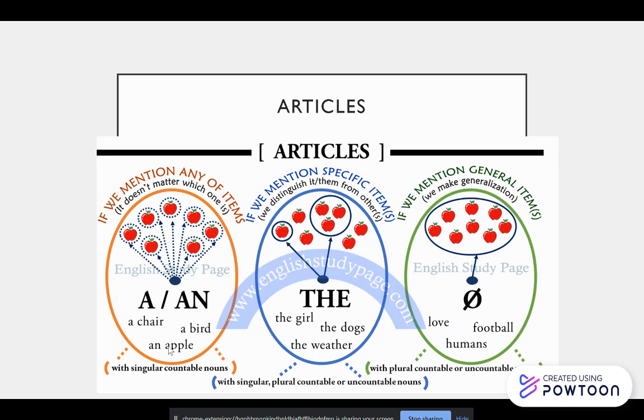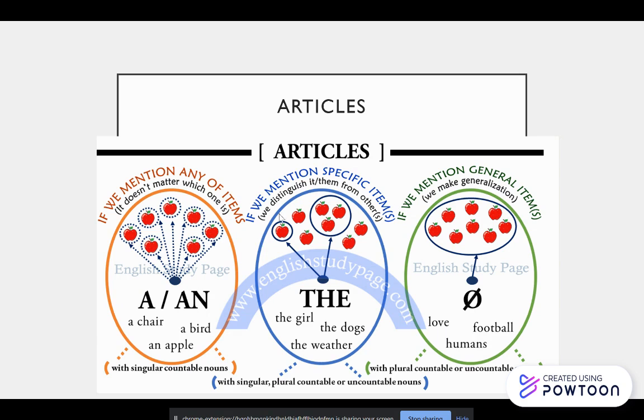Only then do we use "an". If we mention any of the items, and it doesn't matter which one it is, we use "a" or "an" with a singular countable noun.